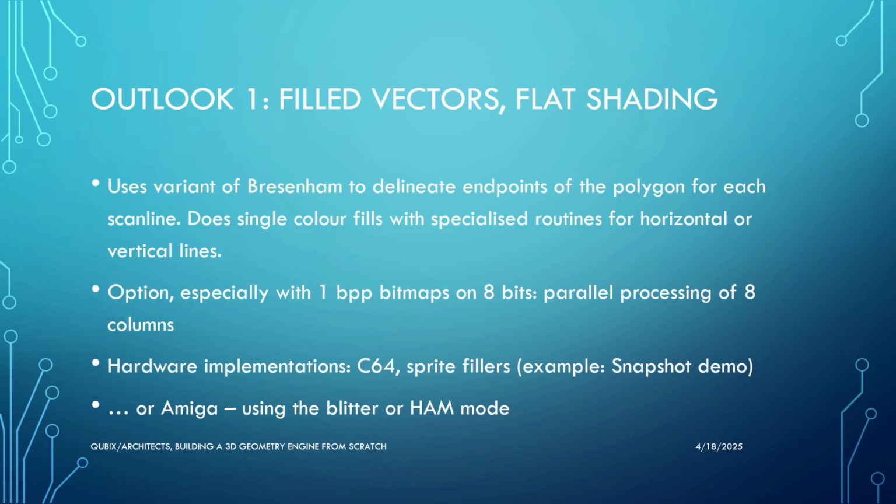dedicated to this. And what's possibly not that widely known is that you can also misuse the HAM mode to do fills. The HAM mode is the built-in hold and modify mode, a graphics mode of the Amiga, and it automatically propagates the colors to the right, and you only need to set a pixel in one color in HAM mode, and then you don't have to do anything anymore.